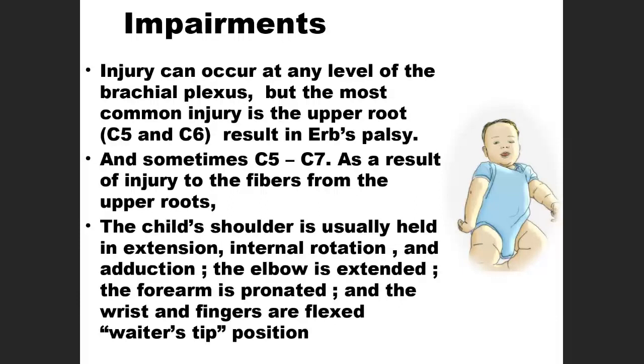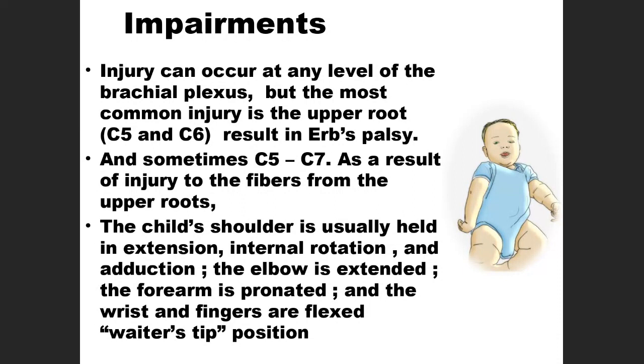Whenever there is an injury, whenever it is Erb's palsy, the injury can occur at any level of the brachial plexus. But the most common injury is to the upper root, the joining between C5 and C6 level, that results in Erb's palsy. Sometimes C5 to C7 can also be involved as a result of injury to the fibers from the upper roots.